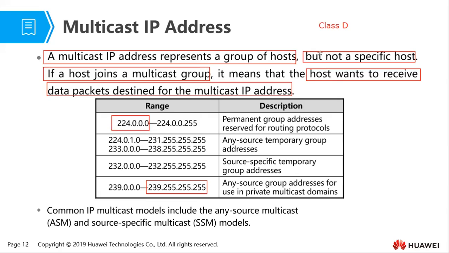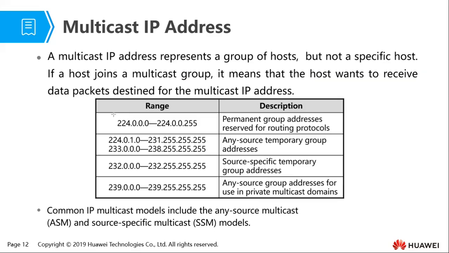Now, generally, multicast IP addresses have been divided into different ranges for specific purposes. So, for example, 224.0.0.0 all the way to 224.0.0.255. All that address range is reserved for routing protocols. We've already seen .5 for all DR routers, .6 for all DR others, and so on.